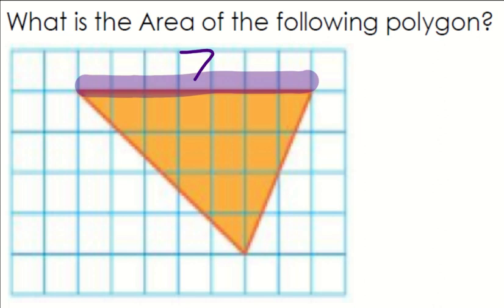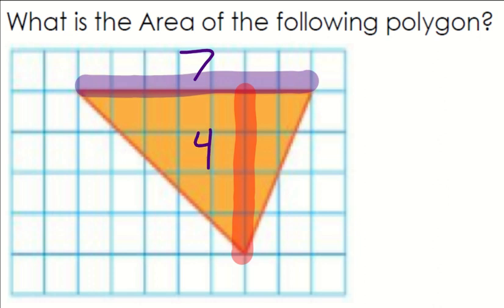That flat line is going to be our base. Okay? How do we find the height? We got to go straight from the base to the point opposite. All right, so the point's right here. If we have a straight line, that's going right there. Okay, how many squares is that? 4.